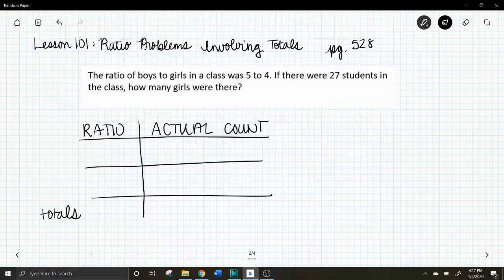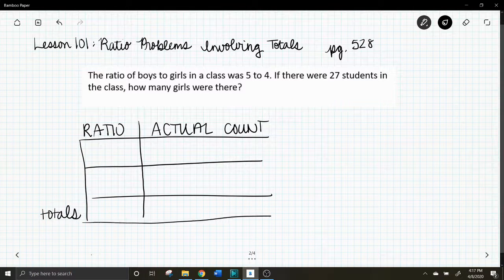So what I'm going to do, I'm going to read that statement again, and as I read it, I'm going to start filling out my ratio box. Sorry, it's very sloppy. So the ratio of boys to girls in a class, that means I'm talking about boys, I'm talking about girls, so I'm going to label that, was 5 to 4. So since boys is listed first and 5 is listed first, those go together.